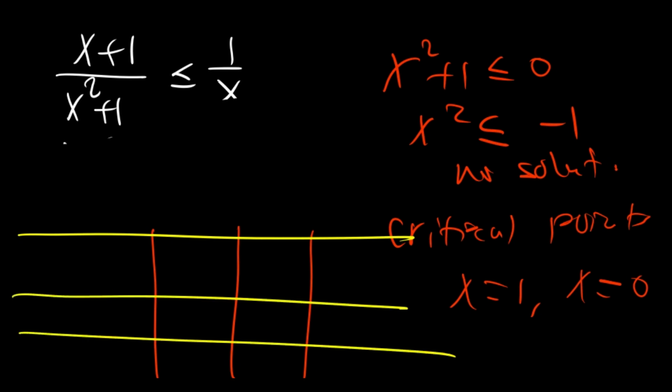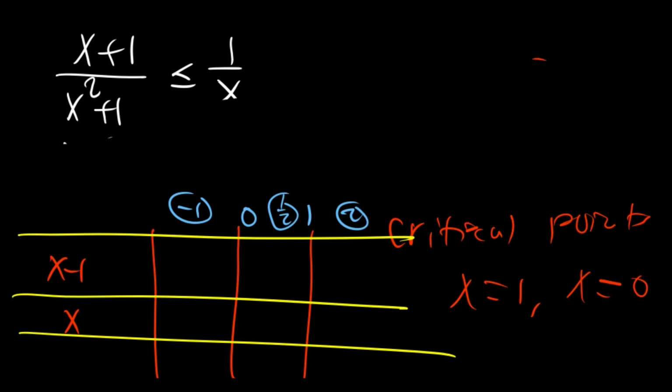So 0 here, 1 there, 2, negative 1, and in between here half. If I shift this to the other side, it will be x minus 1, that will be just x, because x plus 0. So if you want, you can get the fraction which we had and put it on the down part there.